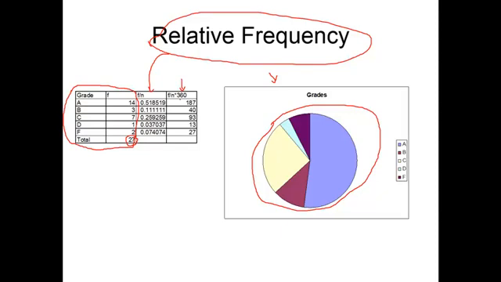Well, I take that 360 degrees and multiply it by the fraction of A's that I have. So 0.5185 times 360 will give me about 187 degrees. And so if I was measuring this with a protractor, I would have 187 degrees from here all around to here.